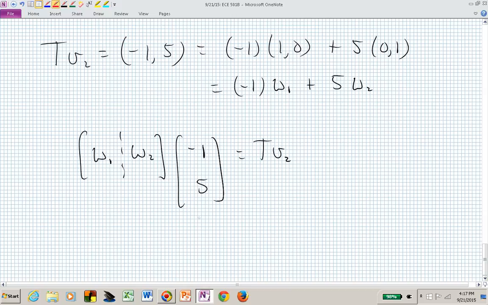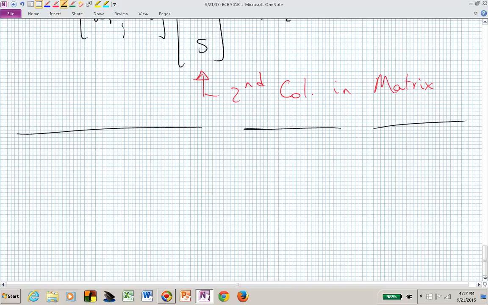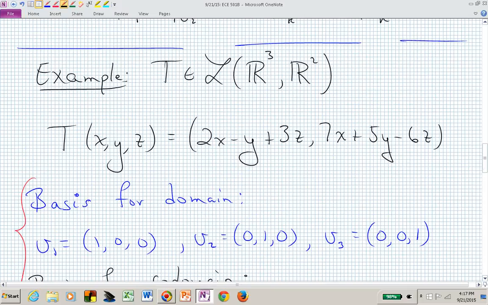And this now becomes the second column in the matrix representation. Completing that process, TV sub 3, now V sub 3 is 0, 0, 1. TV sub 3 will be what's left when we set z to 1 and x and y to 0. That becomes 3 and minus 6.